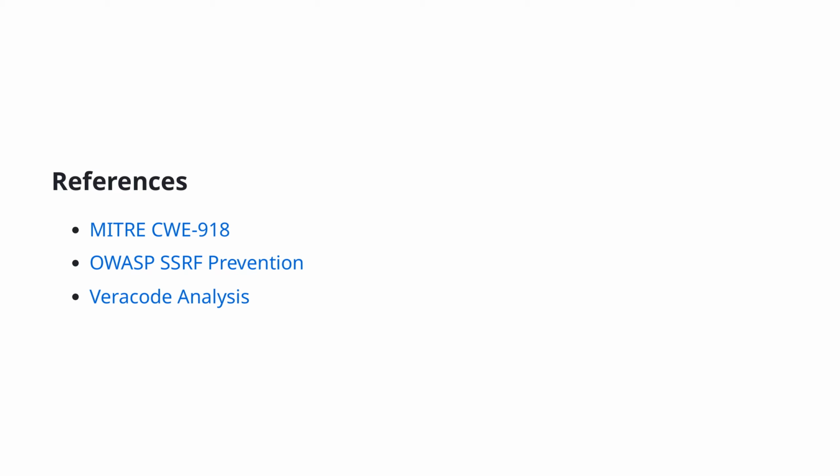Next, the OWASP SSRF Prevention Guide is a must-read for any developer or security professional, offering comprehensive best practices for protecting web applications from SSRF attacks. Finally, Veracode's analysis tools offer insights and automated solutions to help identify and remediate SSRF vulnerabilities in your codebase. These resources will equip you with the knowledge and tools necessary to enhance your application's security posture.